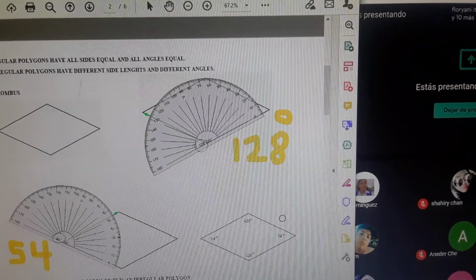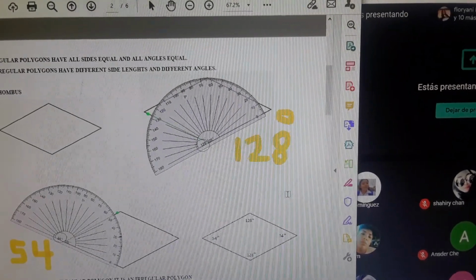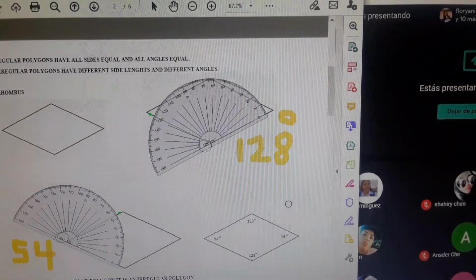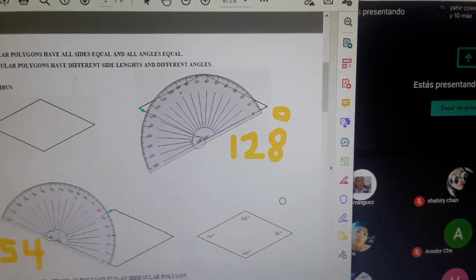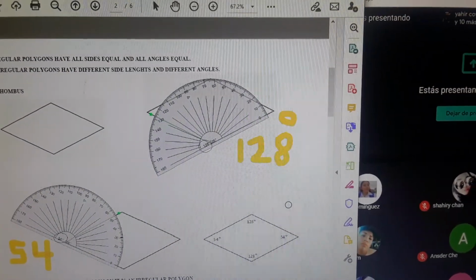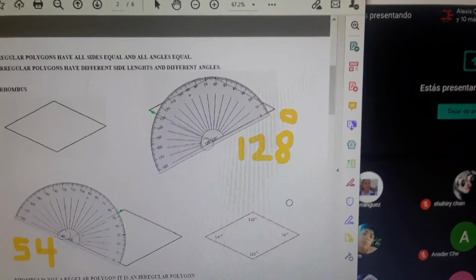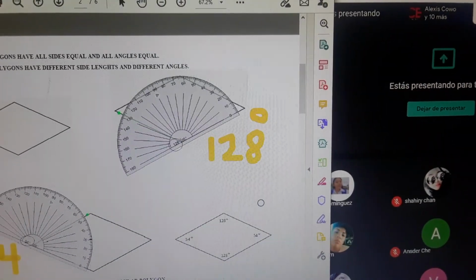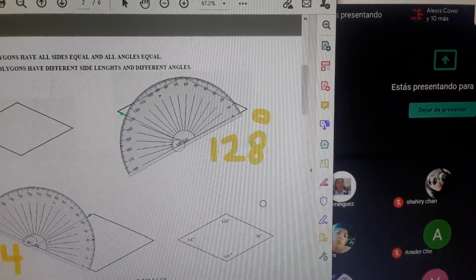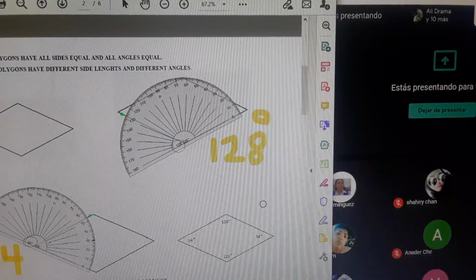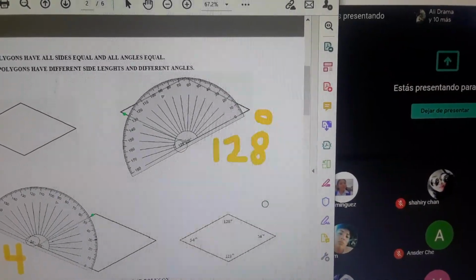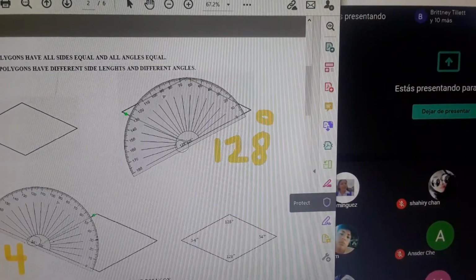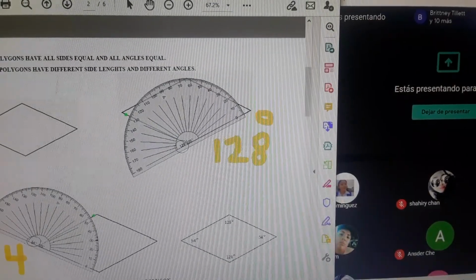So what happened here? Okay, who can tell me what is happening on this shape? What can you notice about this shape? Anybody? Okay.